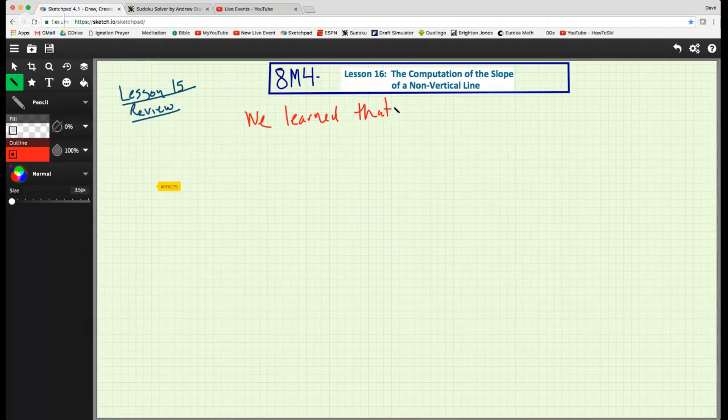that to calculate the slope of a non-vertical line, you can even try it for a vertical line, and we're going to try it later on at the end of this lesson, and you're going to see why we specify non-vertical line.